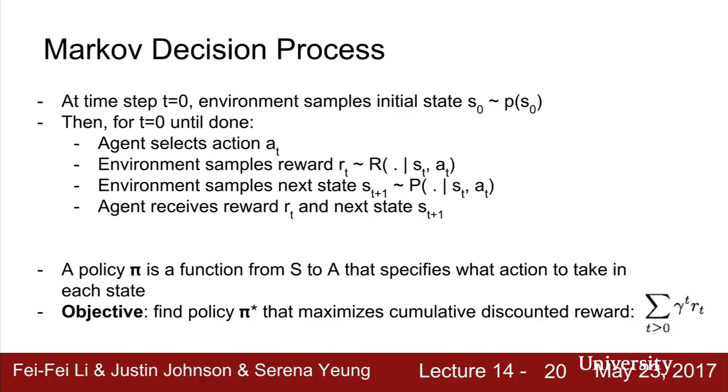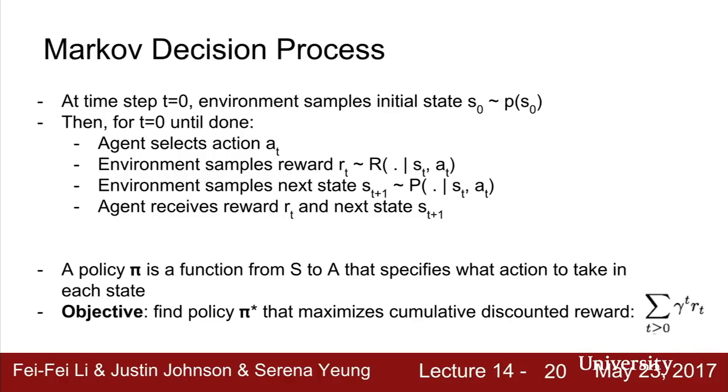The environment is going to sample a reward given your state and the action that you just took. It's also going to sample the next state, at time t plus 1, given your transition probability distribution. And then the agent is going to receive the reward as well as the next state. Then we go through this process again and keep looping. The agent will select the next action, and so on until the episode is over.